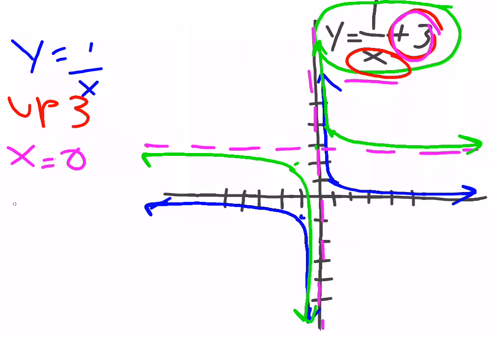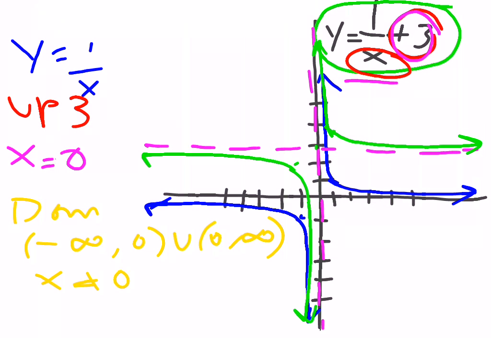So my domain is negative infinity up to my asymptote, which is 0, union with 0 to infinity, or x not equal to 0.